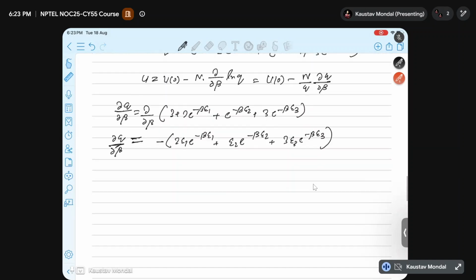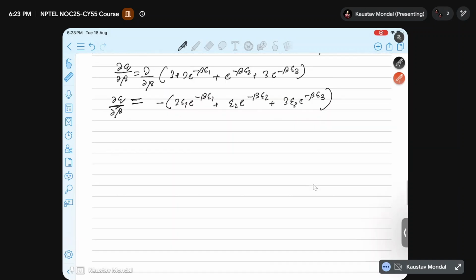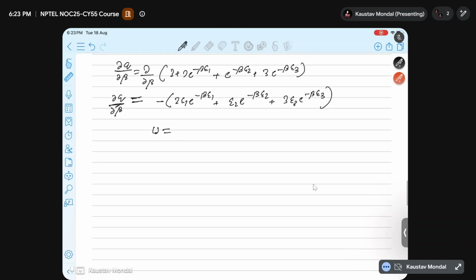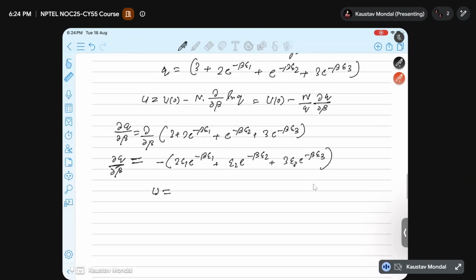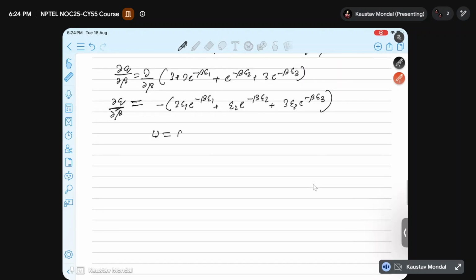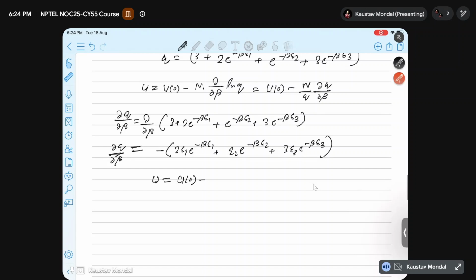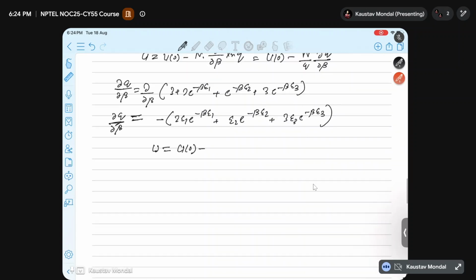So now you have the expression of dq d beta. U is basically U0 minus n over q times dq d beta, and since dq d beta also has a minus, the minus becomes plus.